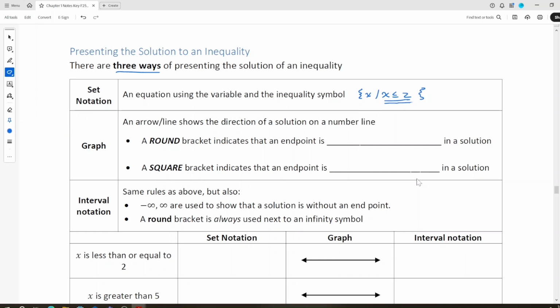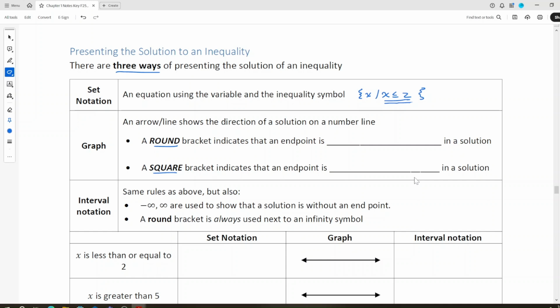But this tells us the answers, and sometimes it's nice to have a visual display of the answers. So a graph is a great way of showing visually what the answers could be. So you use an arrow and a line that shows the direction of the solution. And then you put either a round bracket or a square bracket at, for example, the 2.